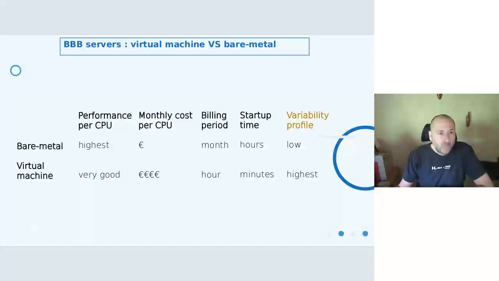Maybe I'll do a little poll to know whether most people use bare metal or virtual machines. Please let me ask a question.